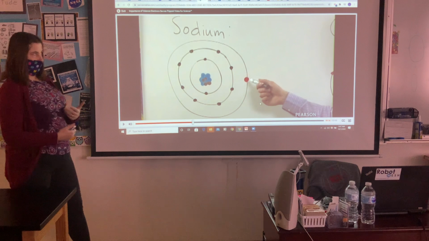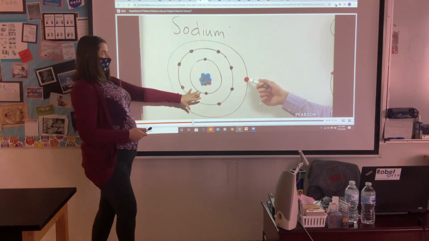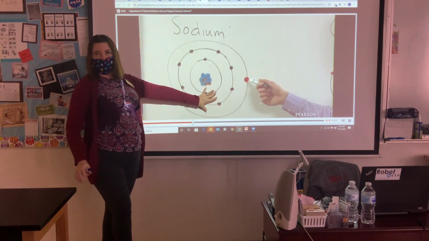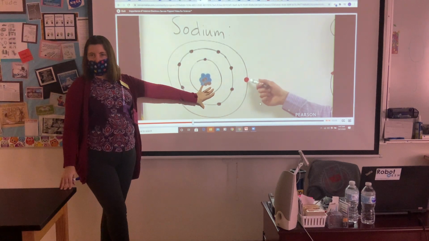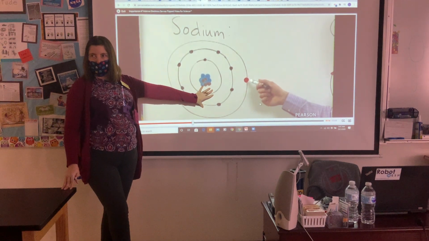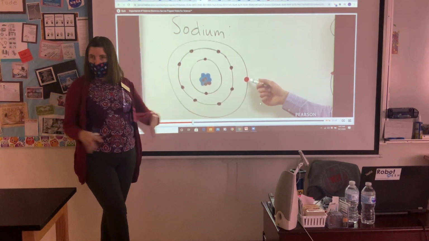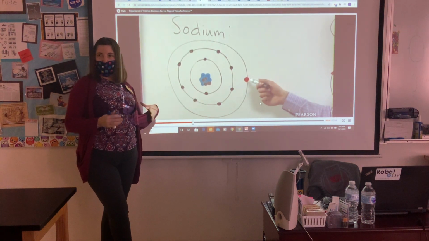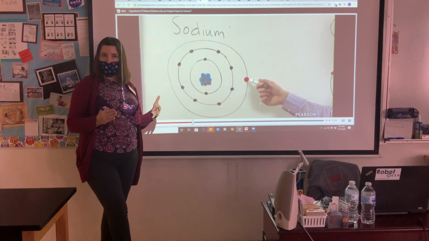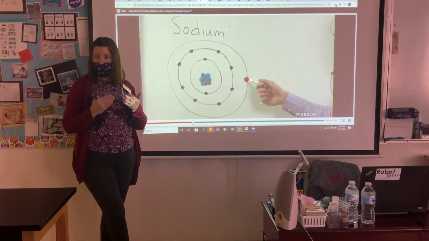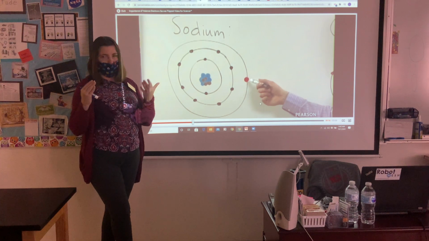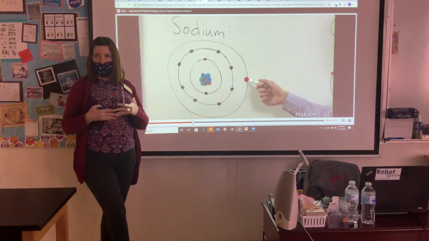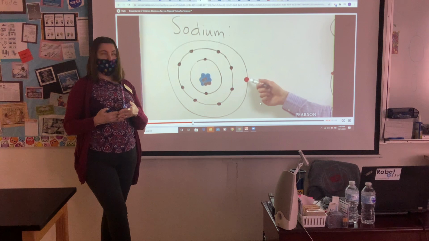Not a clue, right? How do I know how many electrons this atom needs to have? What has to be equal for an atom to be neutral? The protons and the what? Electrons. Protons and electrons, positives and negatives have to be equal.